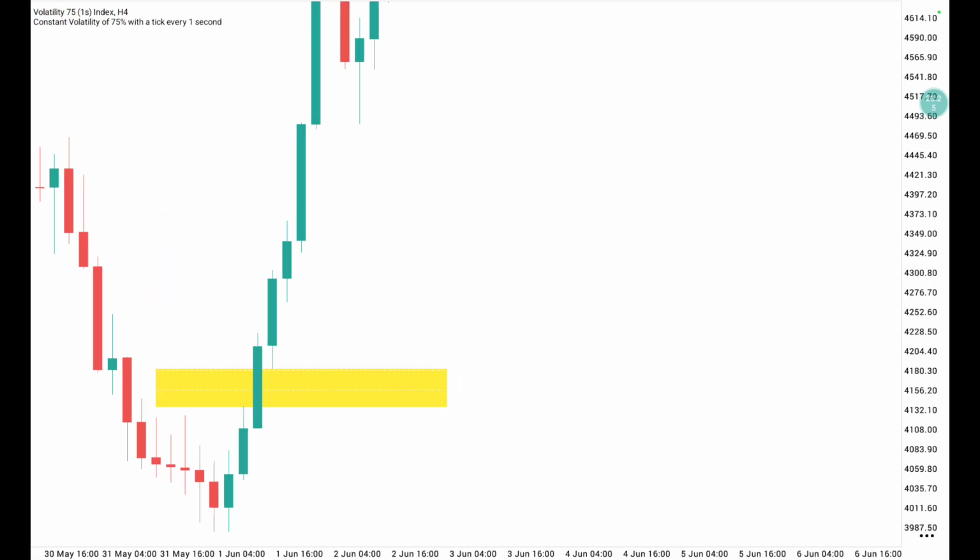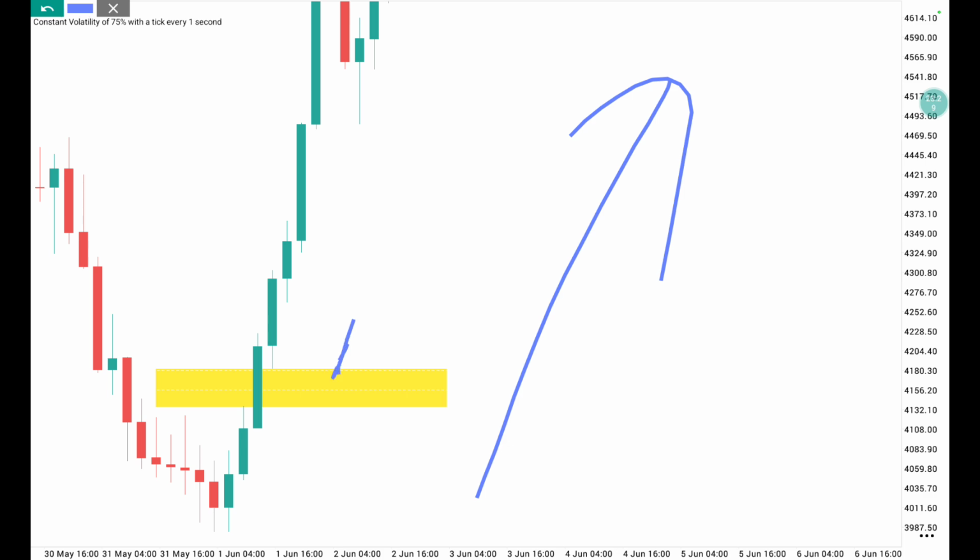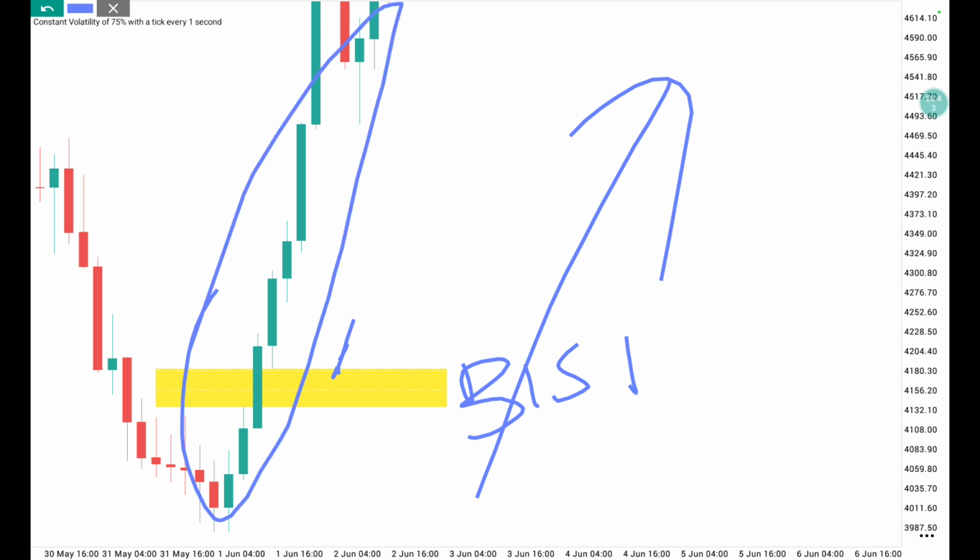Then I said, this kind of fair value gap is called a BSI, buy side imbalance. It means that the fair value gap is on the bullish trend.